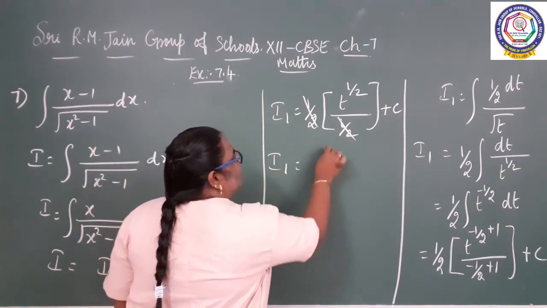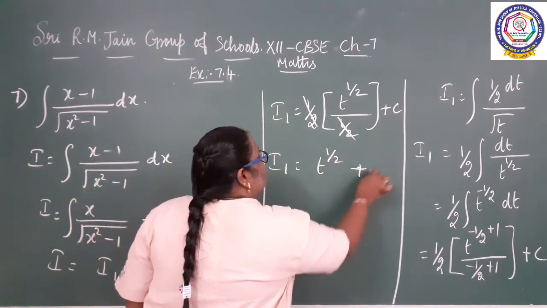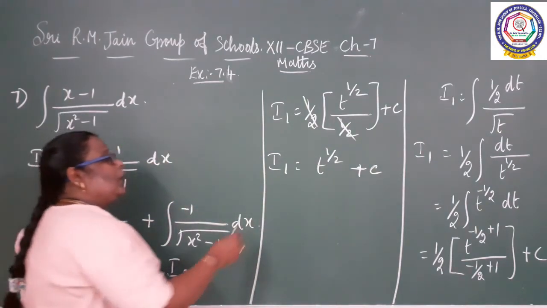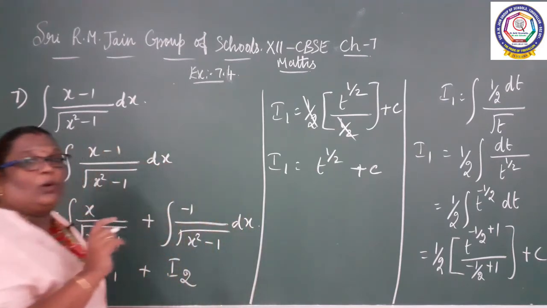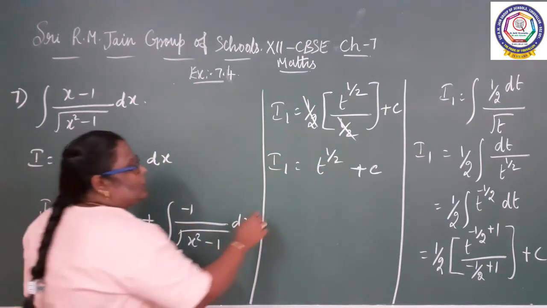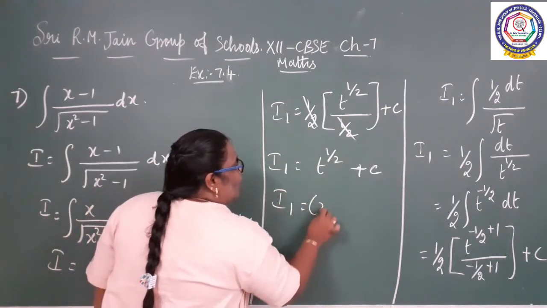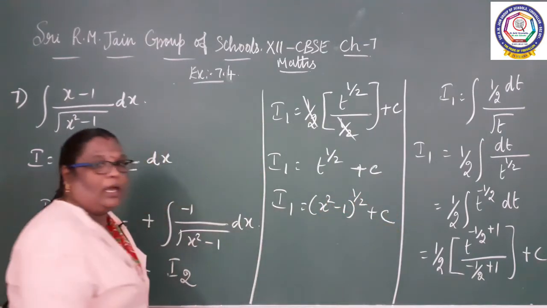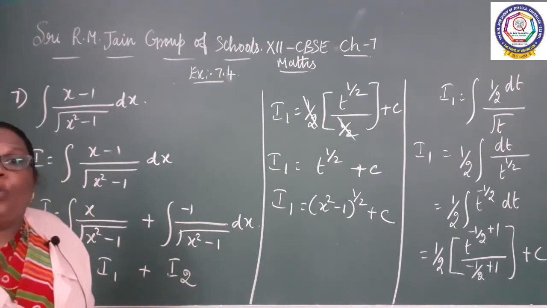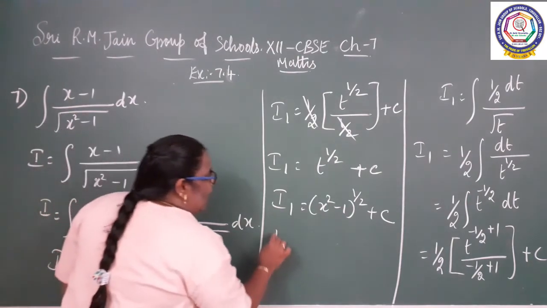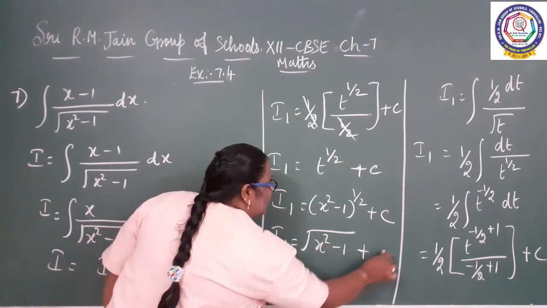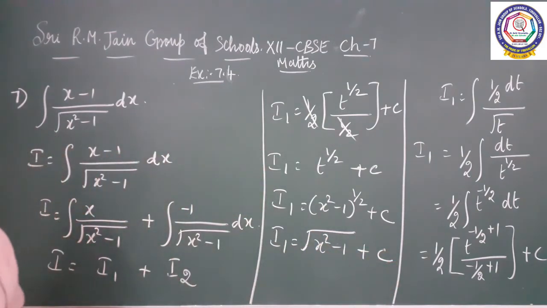I1 equals t power 1 by 2 plus c. What did you keep for t? t equals x square minus 1. So I1 equals x square minus 1 whole power 1 by 2 plus c, or you can change the power 1 by 2 to a root: I1 equals root of x square minus 1 plus c.